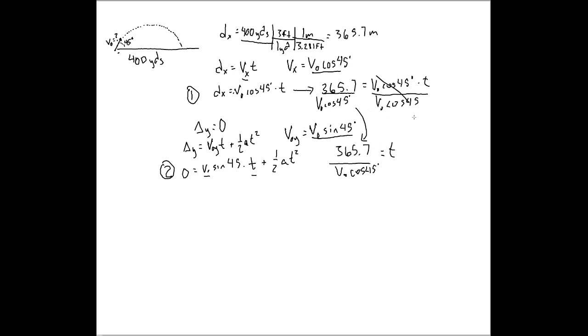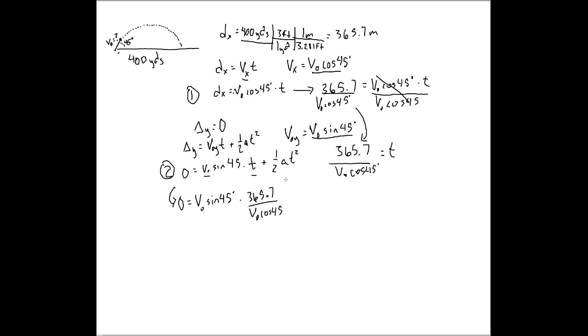Once you solve for a variable in one equation, plug it into the other equation. So, instead of t, I'm going to rewrite this equation as 0 equals V naught sine 45 degrees, but now, instead of t, I'm going to write 365.7 all over V naught cosine of 45.